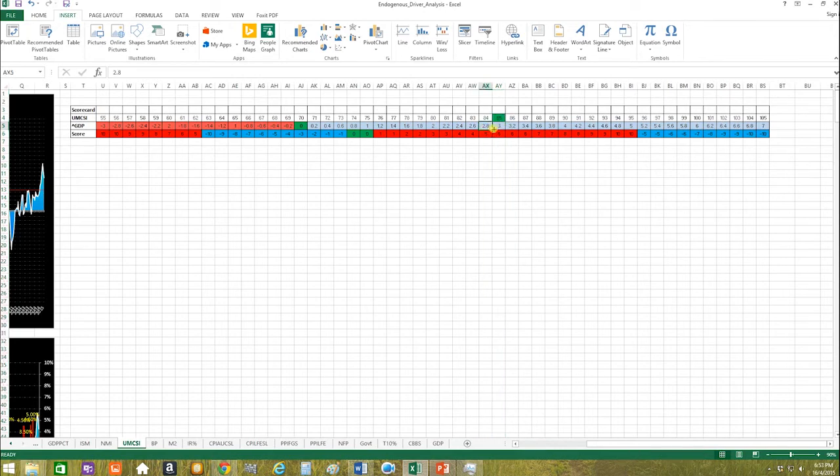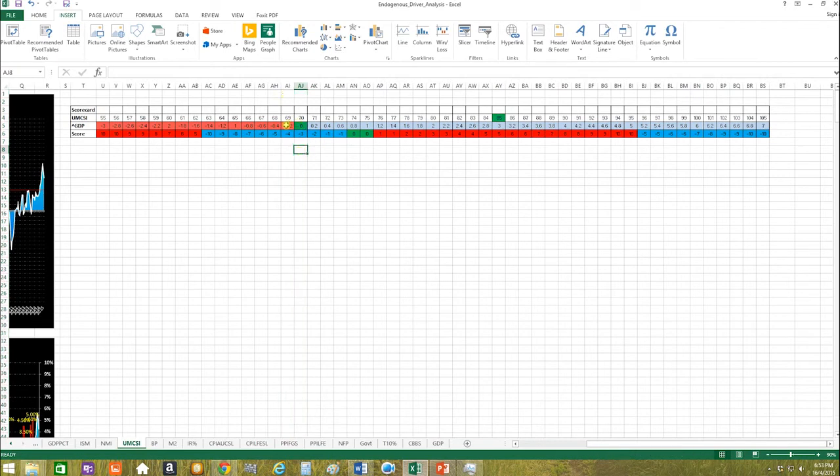And as GDP growth is predicted lower, obviously the UMCSI is predicted lower. And we end up with situations like column AJ, where if the UMCSI is at 70, historically, this is consistent with no growth in the US economy. So real GDP growth of 0.